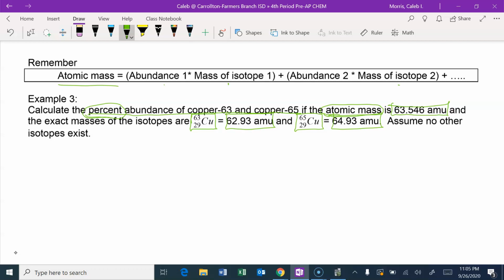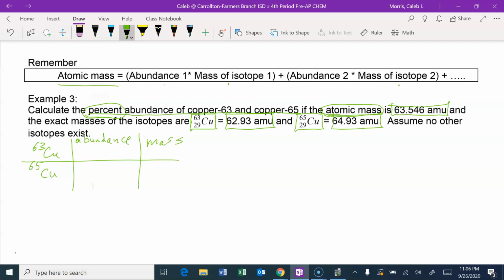So first, let's make a table with the data that we have about these two different atoms. So I'm going to make a table that's copper 63, then I have copper 65. All right, and in the middle we're going to put the abundance, and on the other side we're going to put the mass.